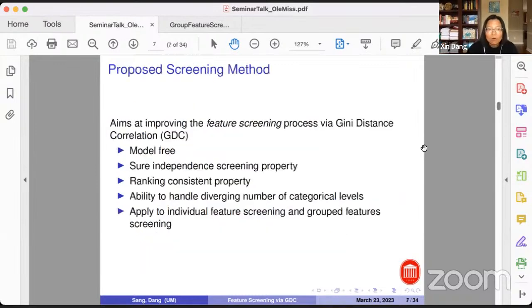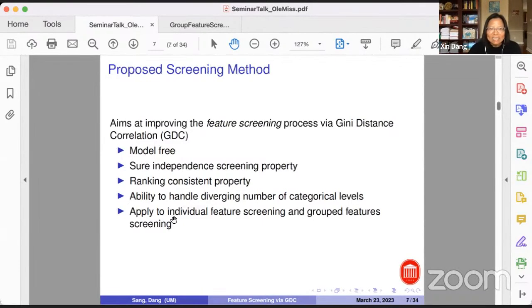So the goal is to propose a screening process using the Gini distance correlation. The good things, I list five things, hold for all the proposed procedures, and I will explain in later slides what they mean, okay?